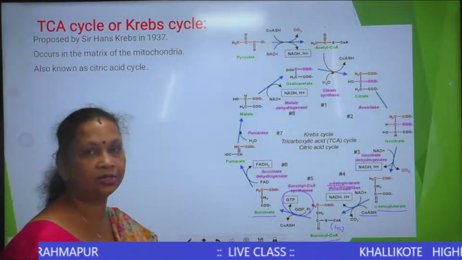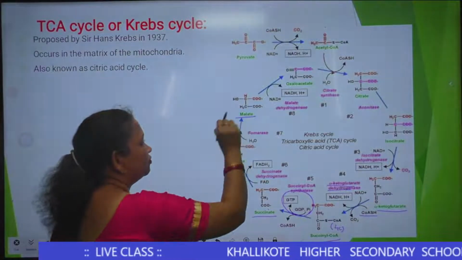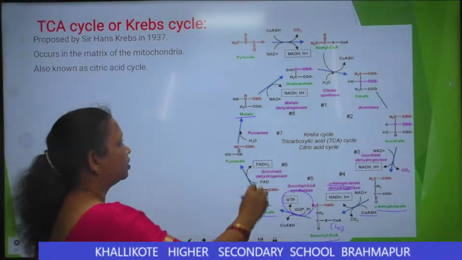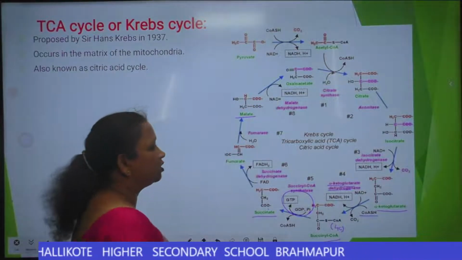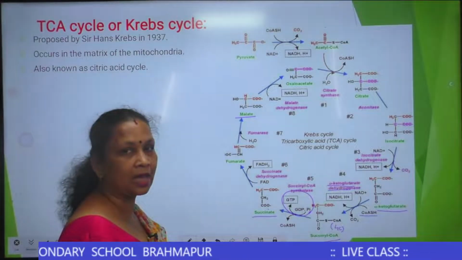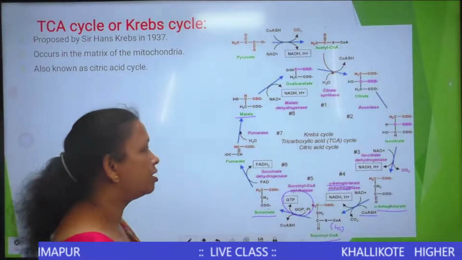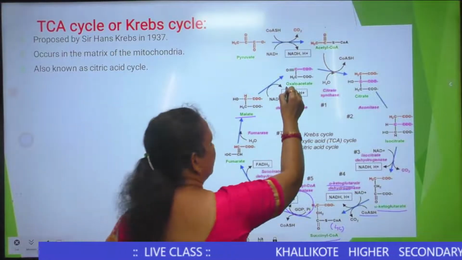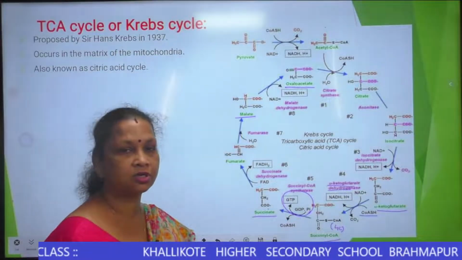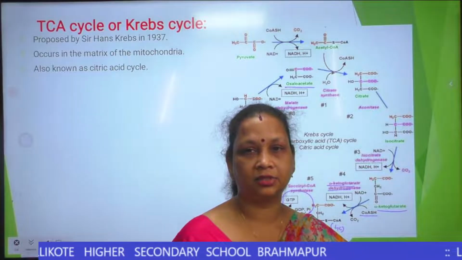So, there is hydration of fumarate and it becomes the molecule of malate. 4-carbon malate is formed. The removal of hydrogen from malate in presence of enzyme malate dehydrogenase regenerates our oxaloacetate molecule in the matrix of the mitochondria.